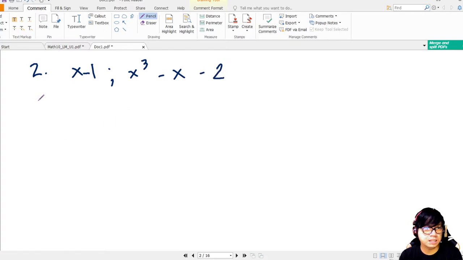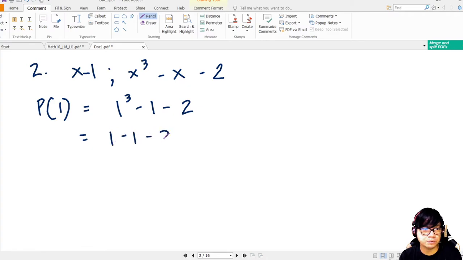So our solution is p of 1 equals 1 cubed minus 1 minus 2. 1 cubed is 1, minus 1 minus 2. 1 minus 1 is 0, minus 2, negative 2.